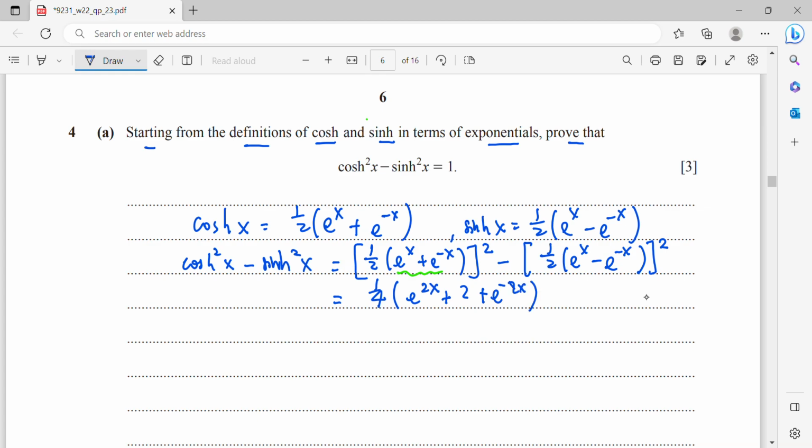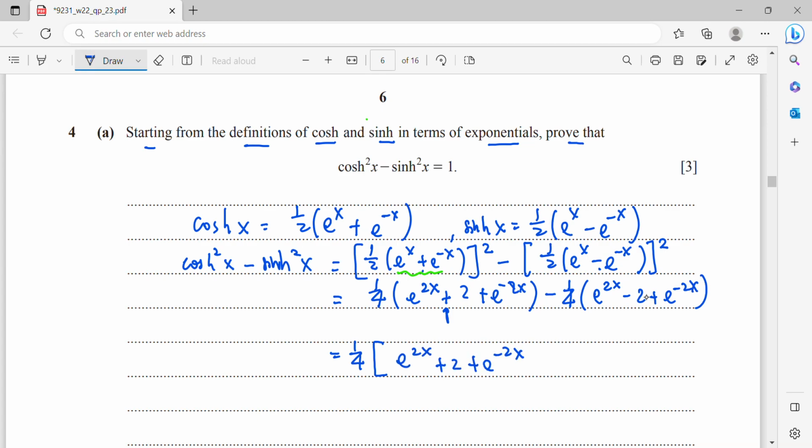Okay. Now, for the second term, again, bring in the square to the half. So it becomes 1 over 4. And now the difference is, here is minus, the previous was plus. So therefore, the expansion will be the same, except the plus 2 changes to minus 2. So e^(2x) minus 2 plus e^(-2x). Alright, so now from here, you can factorize the 1 over 4, then open all the brackets. So, e^(2x) plus 2 plus e^(-2x).